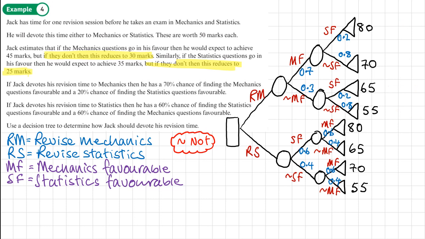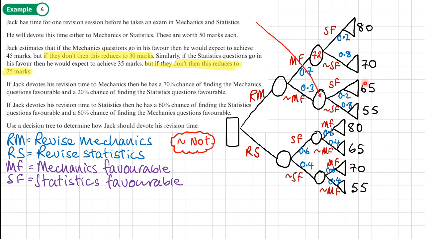So now we can start working out the EMVs. I'll maybe show the working for one or two. So the working for this one here will be 80 times by 0.2 plus 70 times by 0.8. And that will give me a value of 72. So let's put that in the circle.